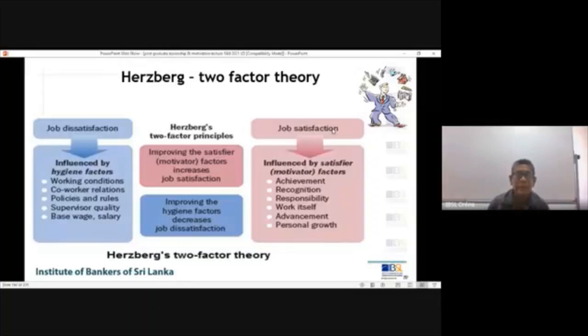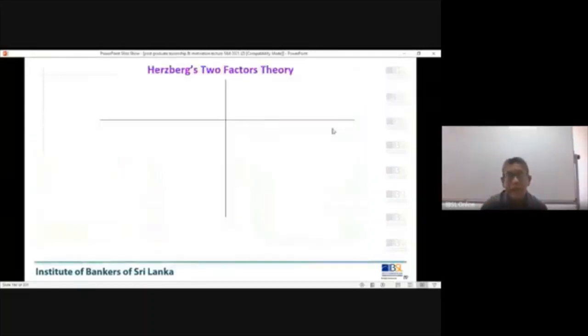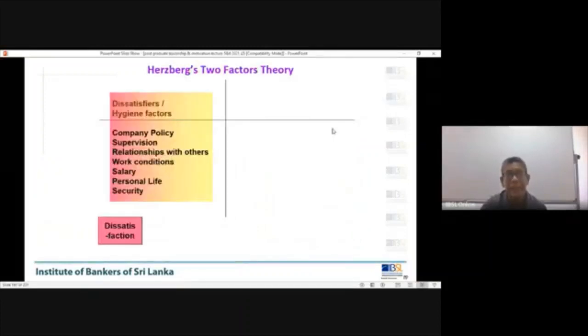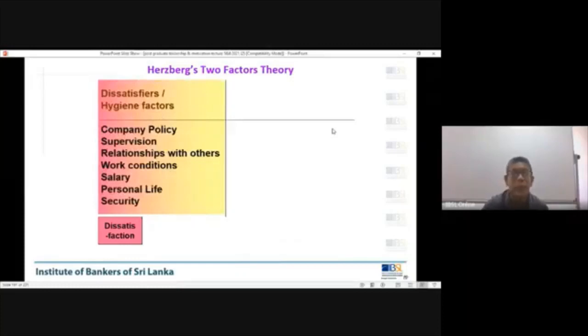Now, what does Herzberg's two-factor theory talk about? Try to understand. What Herzberg is telling is, first, you need to remove all these dissatisfied factors or hygiene factors.